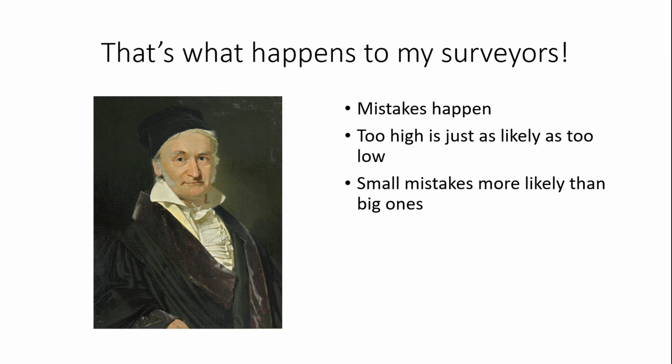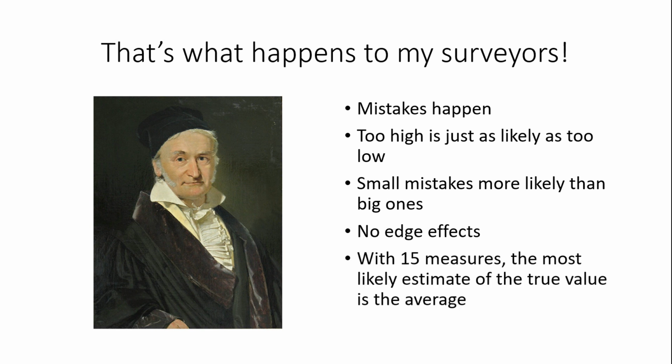But there isn't any size of error in a surveying measurement where I can say it wouldn't get any bigger than that. There's no clear edge effect. So he says, I'm just going to assume there's no edge. The farther you get from the true value, the less likely that error gets, but it never hits 0. And I'm just going to make my life easy by saying if I have 15 measures, the best estimate of the true value is to take an average.